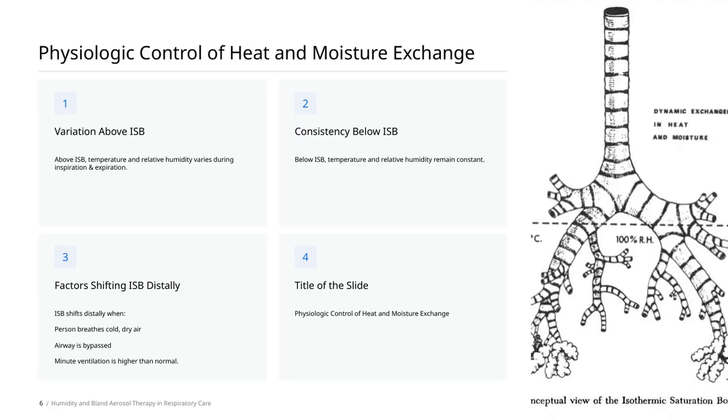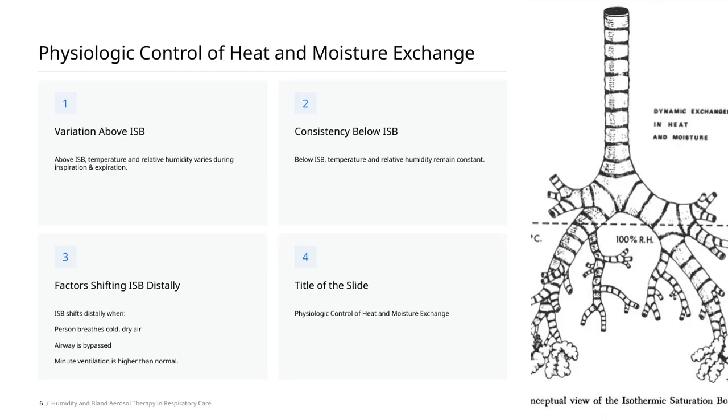Let's take a closer look at how the physiologic control of heat and moisture exchange works, especially in the context of humidity and bland aerosol therapy. One key concept here is the location of the isothermic saturation boundary, or ISB, which shifts distally under certain conditions. For example, when a person breathes cold, dry air, the ISB moves further down the airway.